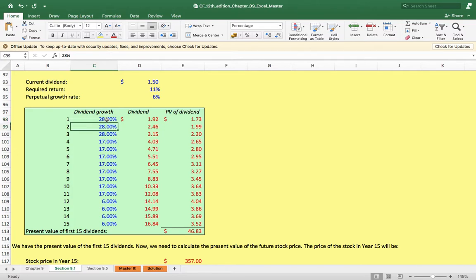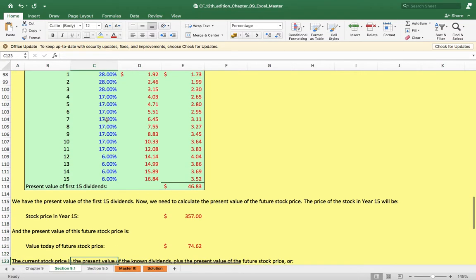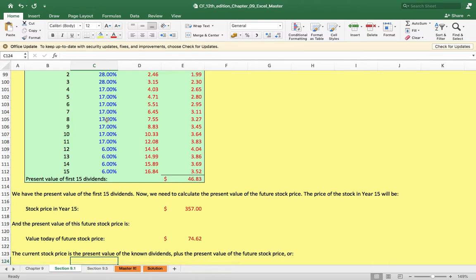So first the high growth will be there for the first 3 years, very high growth, that is 28%. Thereafter the growth will reach 17% for the next 7 years, from year 4 to year 11. And thereafter from year 12 to year 15 the growth will be 6%, and from the 16th year onward the growth will be forever 6%.